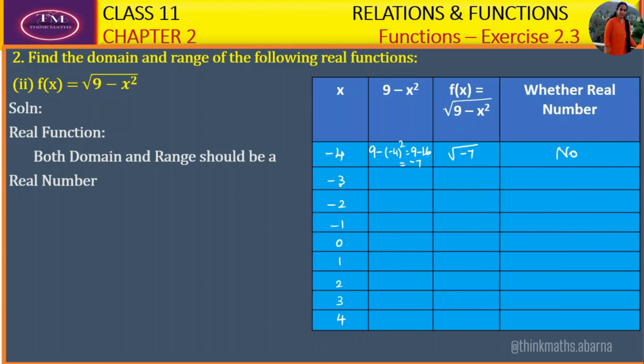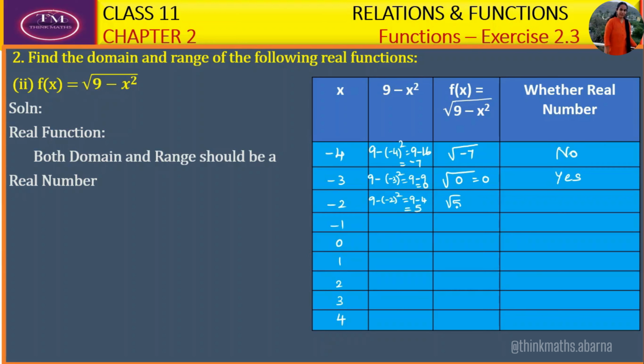Okay. Next take minus 3. It is 9 minus minus 3 whole square, and minus 3 whole square is 9, so it is equal to 0. Square root of 0 is 0, and 0 is a real number. Next take minus 2. It is 9 minus minus 2 whole square, so 9 minus 4 is 5.